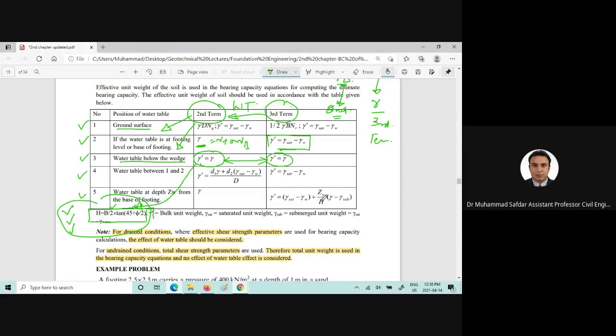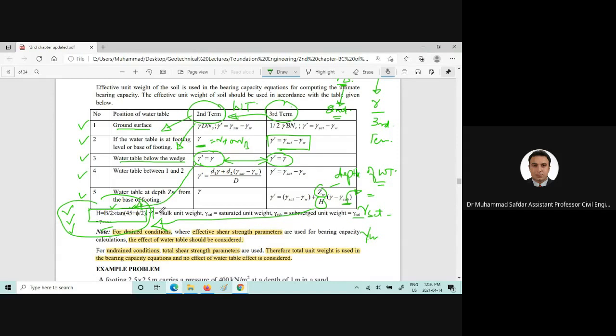H is the height of the wedge, and Zw is the depth of the water table. Gamma submerged is equal to gamma saturated minus gamma w. This is also given here.